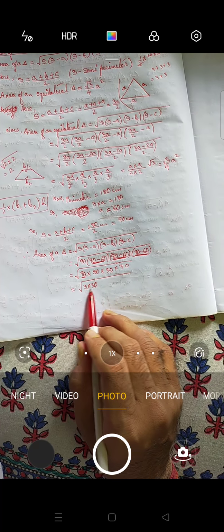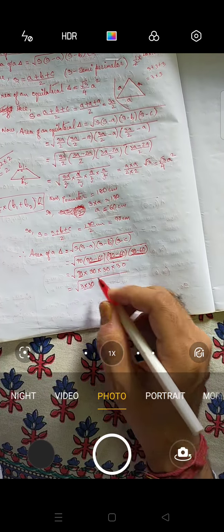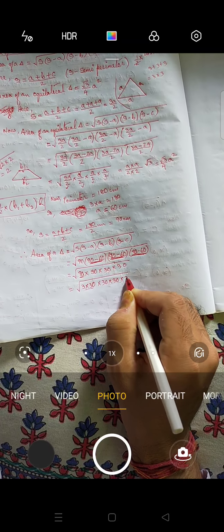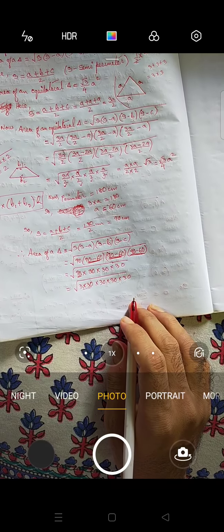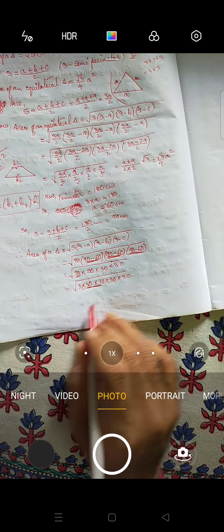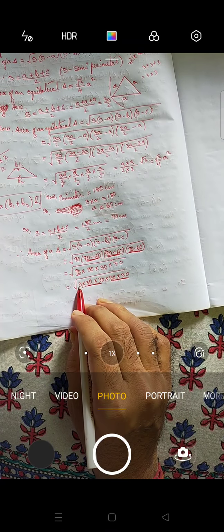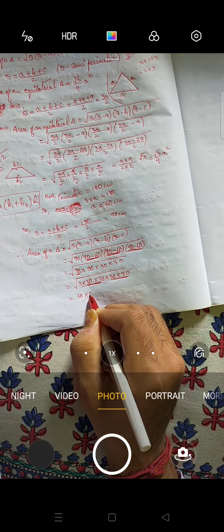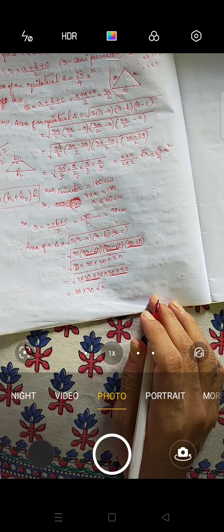This 3 into 30 I will write again, 30 into 30 into 30. Now out of this 30 squared, one will come out, and out of this 30 squared, one will come out. This 3 is alone. So can we say that this is 30 into 30 root over 3? Yes or no?